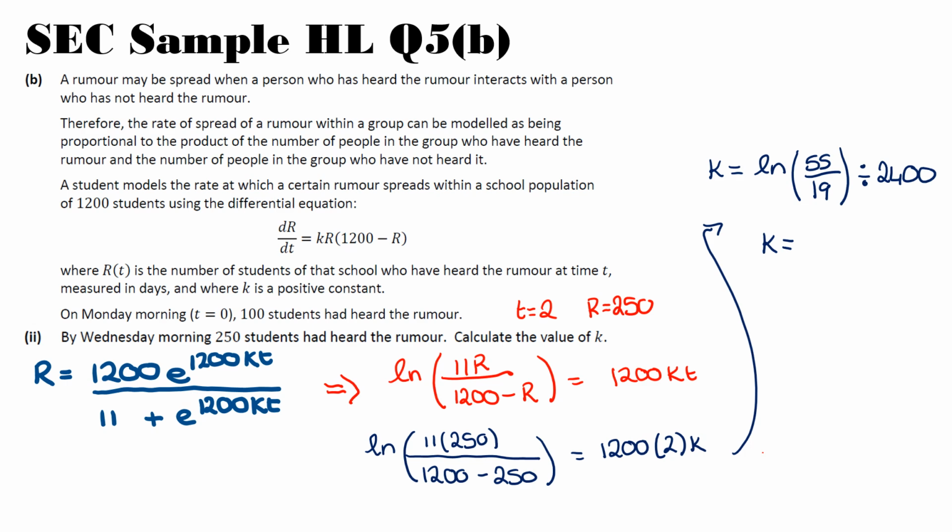So we get 4.4287 times 10 to the power of minus 4, which is 0.0004427.